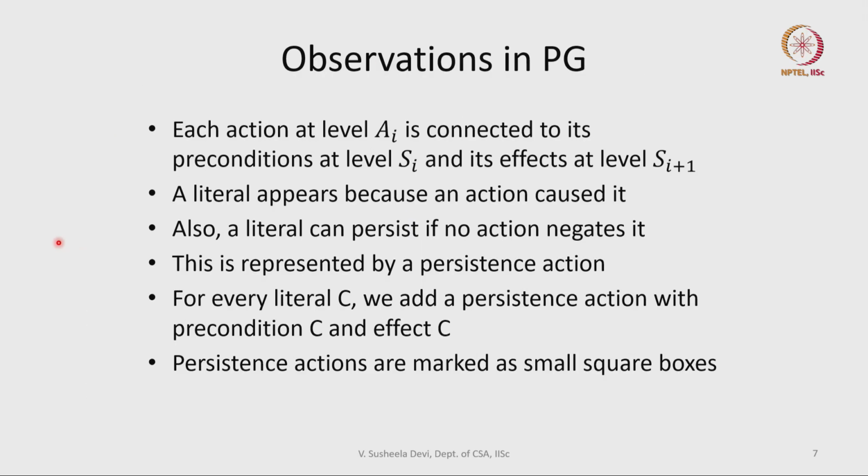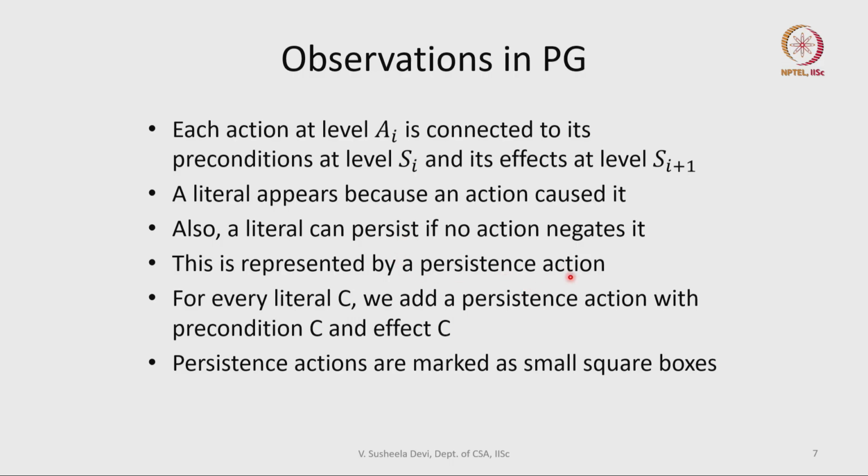Okay, so what is it that we have seen here? Each action at level Ai is connected to its precondition at level Si and its effects at level Si plus 1. And a literal appears because an action has caused it to appear, right? A literal can persist if no action negates it, right? So the literal will again occur if no action is taken.